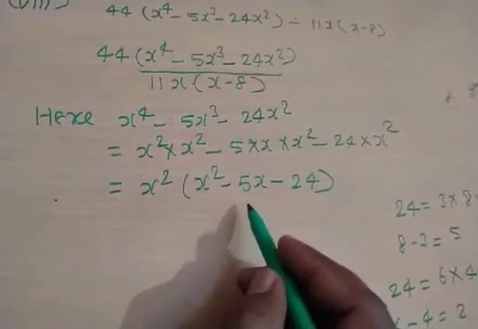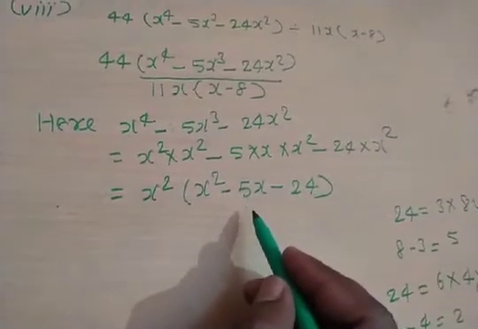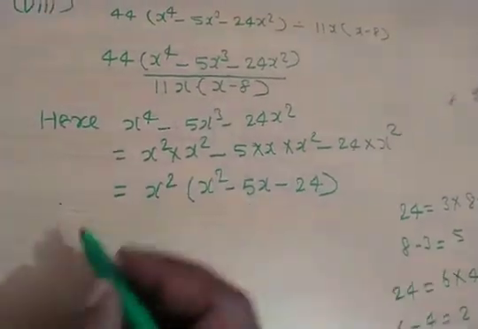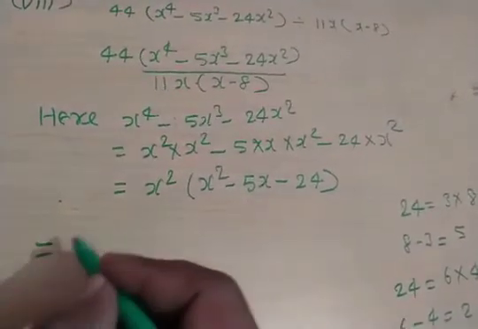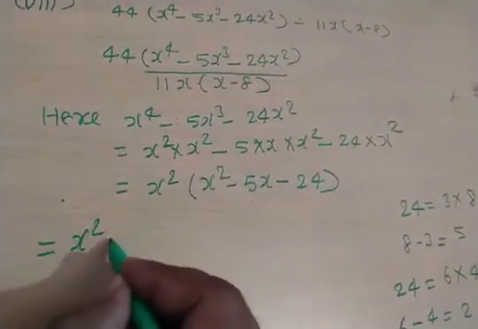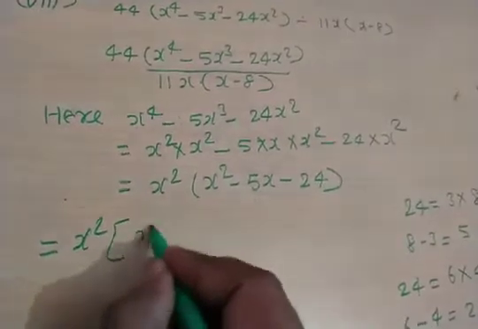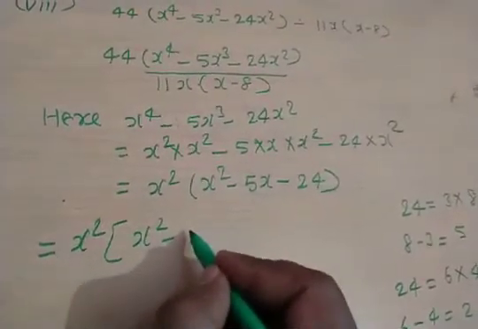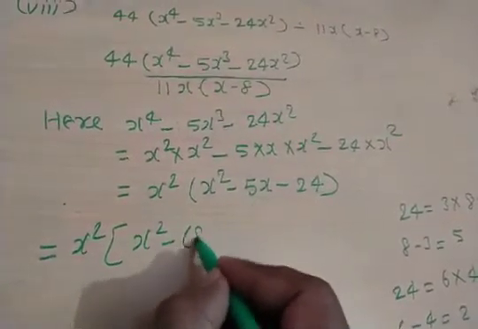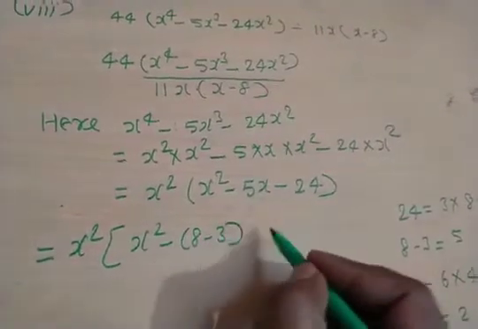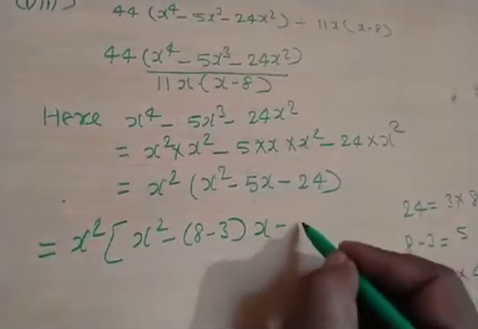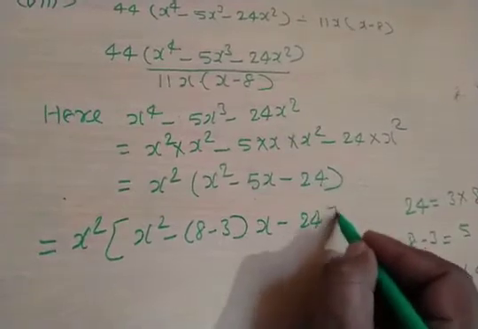So we replace 5 as 8 minus 3. Okay, so here we can write x square in bracket x square minus 5x becomes 8 minus 3 into x minus 24. Clear?